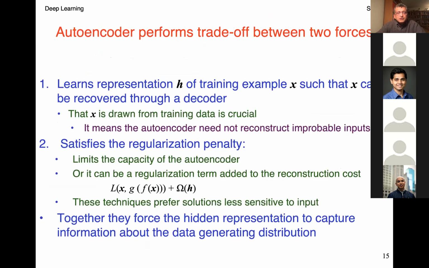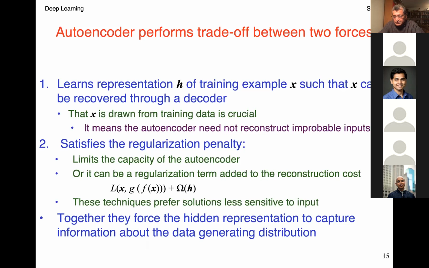So an autoencoder performs a trade-off between two forces. It learns a representation H of a training example X such that X can be recovered through a decoder. Primarily we would like to recover this, and that X is drawn from the training data set is crucial. It means that the autoencoder need not reconstruct improbable inputs. So we are drawing samples and learning a representation such that we can recover it through a decoder. It also satisfies a regularization penalty that limits the capacity of the autoencoder.